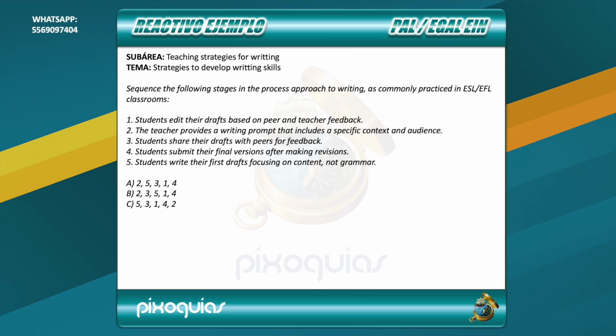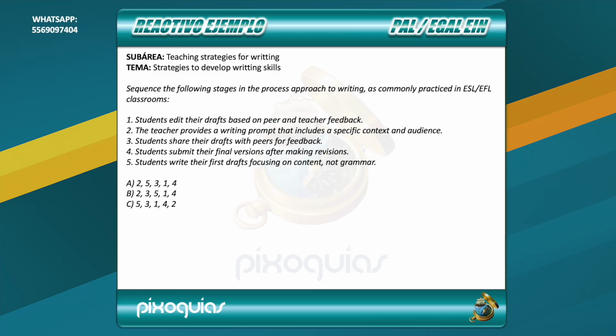The next exercise: activities to develop written discourse. Sequence the following stages in the process approach to writing as commonly practiced in ESL or EFL classrooms. 1. Students edit their drafts based on peer and teacher feedback. 2.